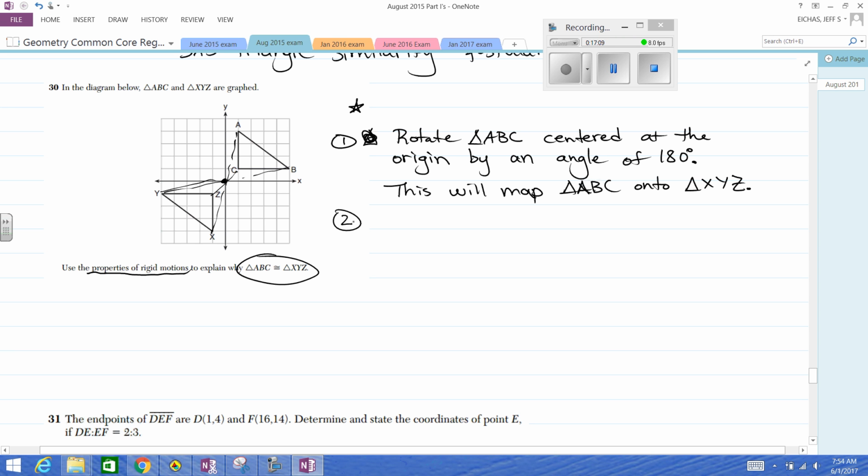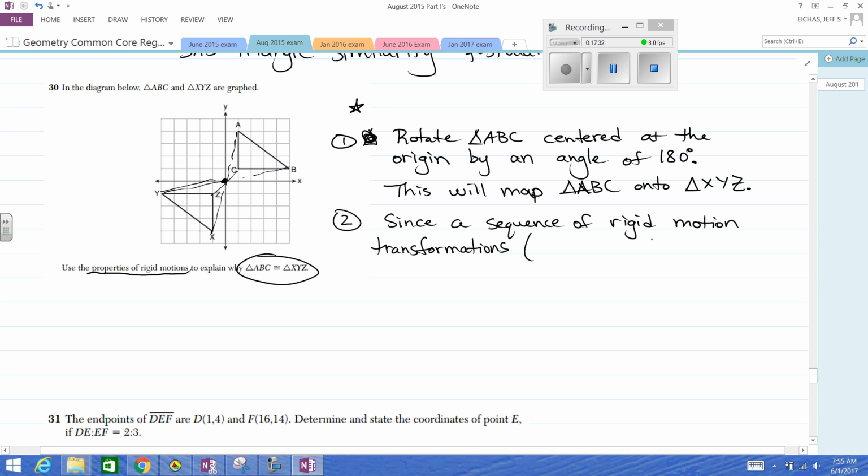Okay, so the second portion of this would be since a sequence of rigid motion transformations, what does that mean?